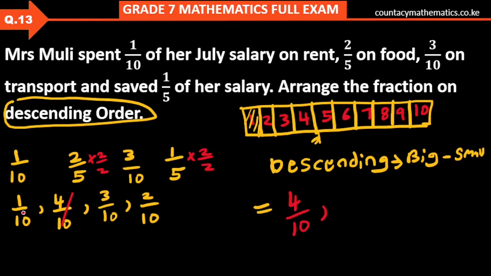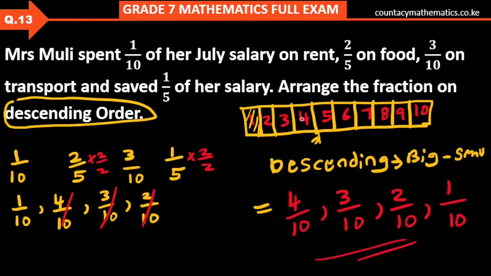The next biggest is 3 over 10, so we write it there. Finally we remain with 2/10 and 1/10. Definitely 2/10 is bigger, so we write 2/10, and finally 1/10. So this is how those numbers appear in descending order.